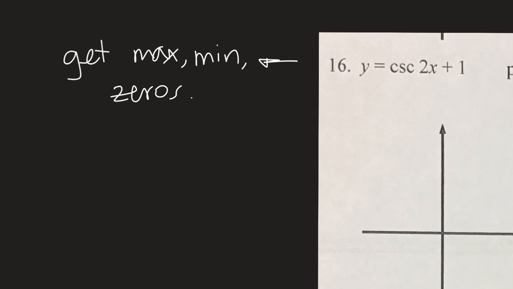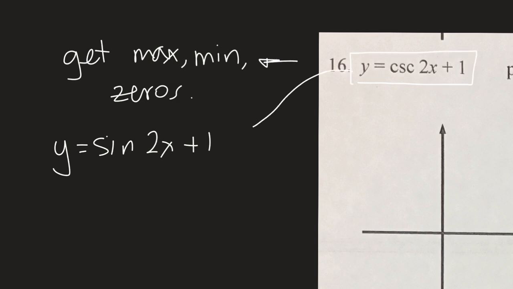The sine equation that we're going to get our zeros from is sine of 2x plus 1. Notice that is the exact same equation, only with a change of trig. We're using sine because sine is the reciprocal of cosecant, and cosecant is the reciprocal of sine.